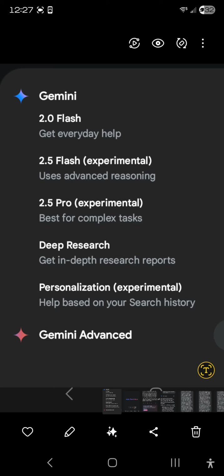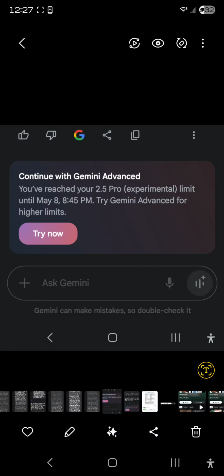So I was using the 2.5 Pro experimental when I ran out, and I thought, okay, I can't use it anymore because it gave me this screen, this pop-up. I'll show you. It said to continue with Gemini Advanced, I've reached the limit, I have to wait until tomorrow, and I have to pay for use of higher limits.